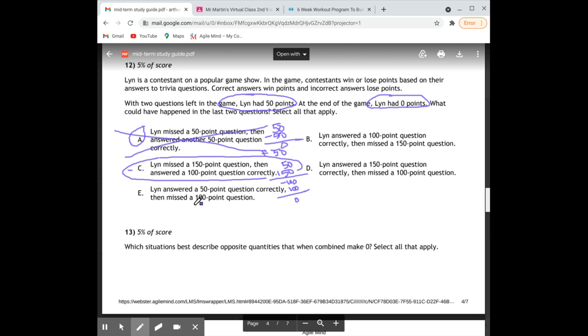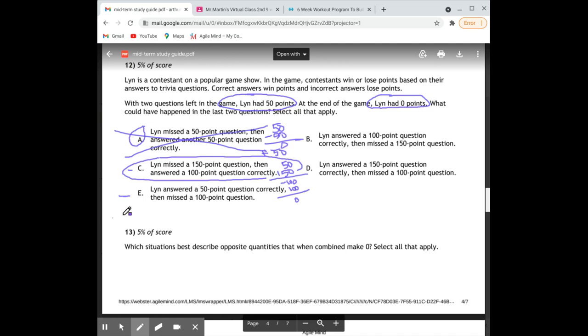All right, let's look at the next one, Braden. Like this one right here, E. Would it be right?